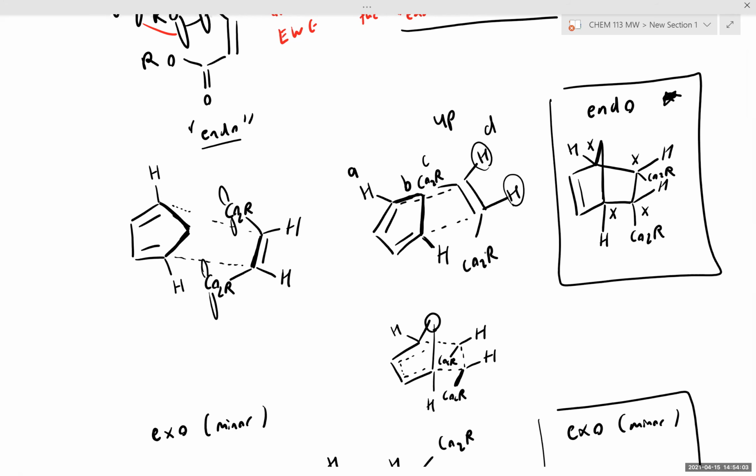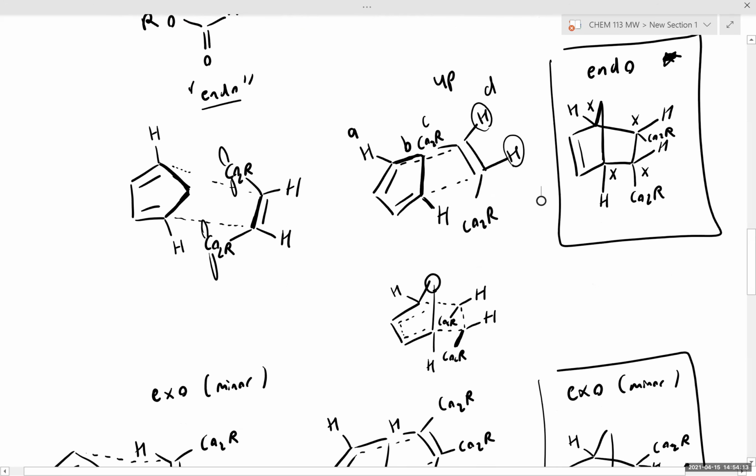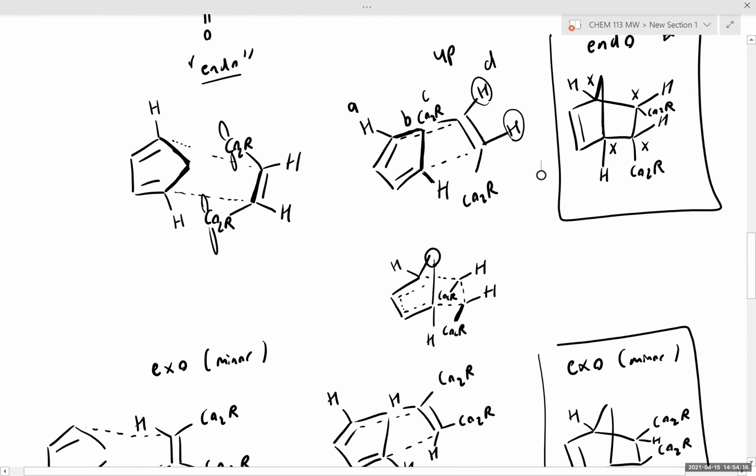Now, how does this lead to a unique stereoisomer? Well, if we think about the endo approach and we draw out this approach from a side-on perspective, I'd like us to look at this cyclic transition state, and I'd like you to tell me a few things. First, if we look at this alkyl group and the hydrogen, are they on the same face or opposite face? The same. And are these groups pointing up or down in this transition state?